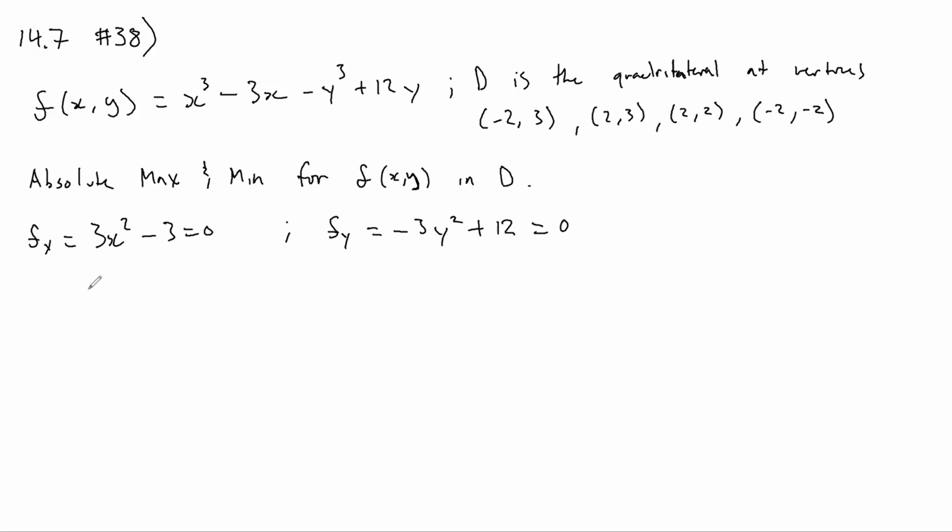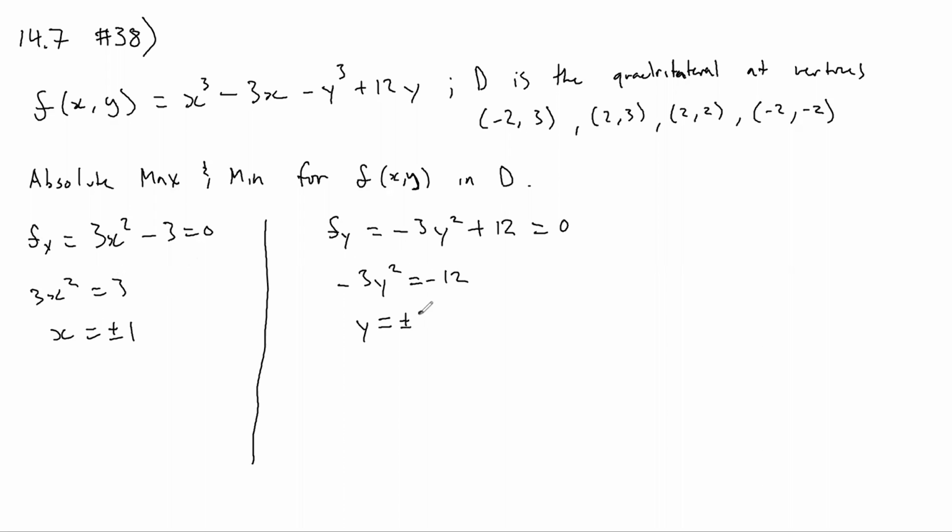For f sub x, we get that 3x squared is equal to 3, and hence x is equal to plus or minus 1. For f sub y, we get -3y squared equals -12, and so y is equal to plus or minus 2.